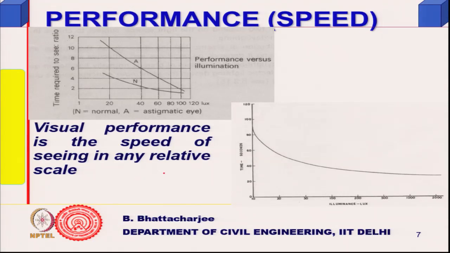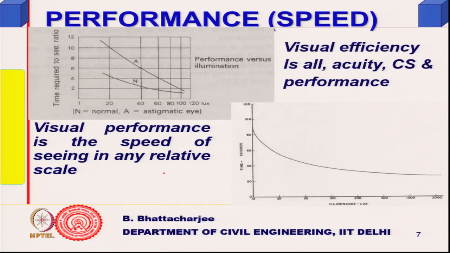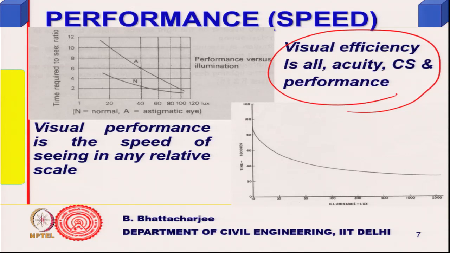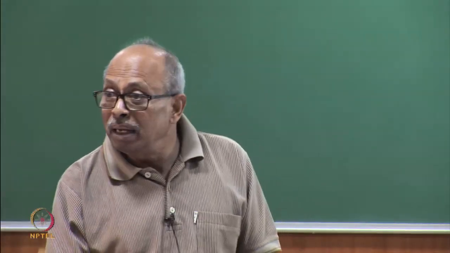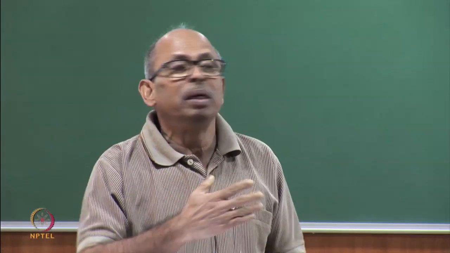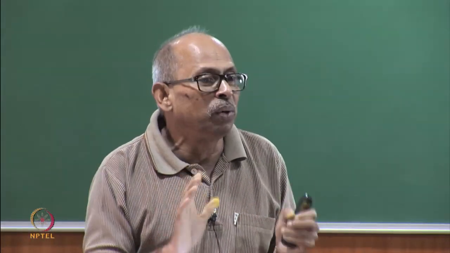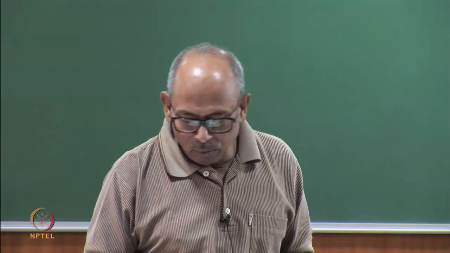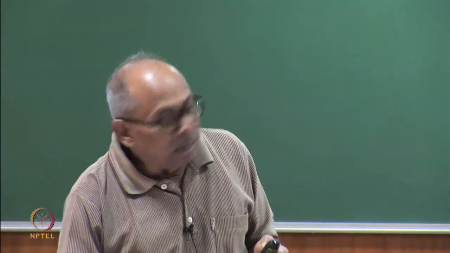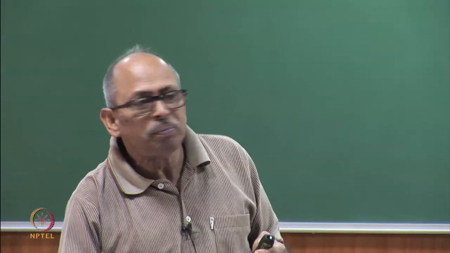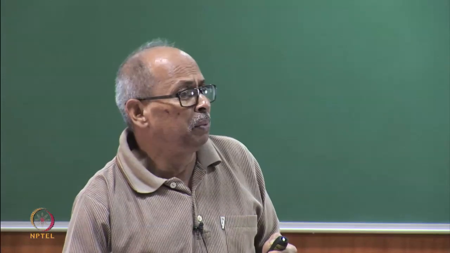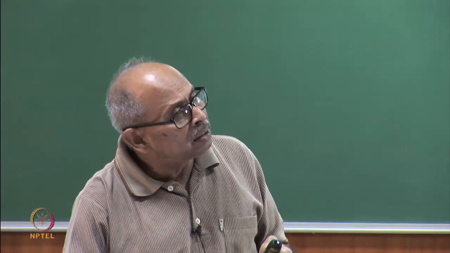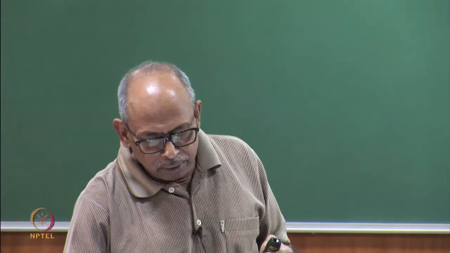Visual performance is speed of seeing on some relative scale, and visual efficiency is all three of them. Visual efficiency improves with lux level, but does not improve continuously. That is what we should understand qualitatively, and therefore there is an optimal lux level for every task, and that is given in the code.